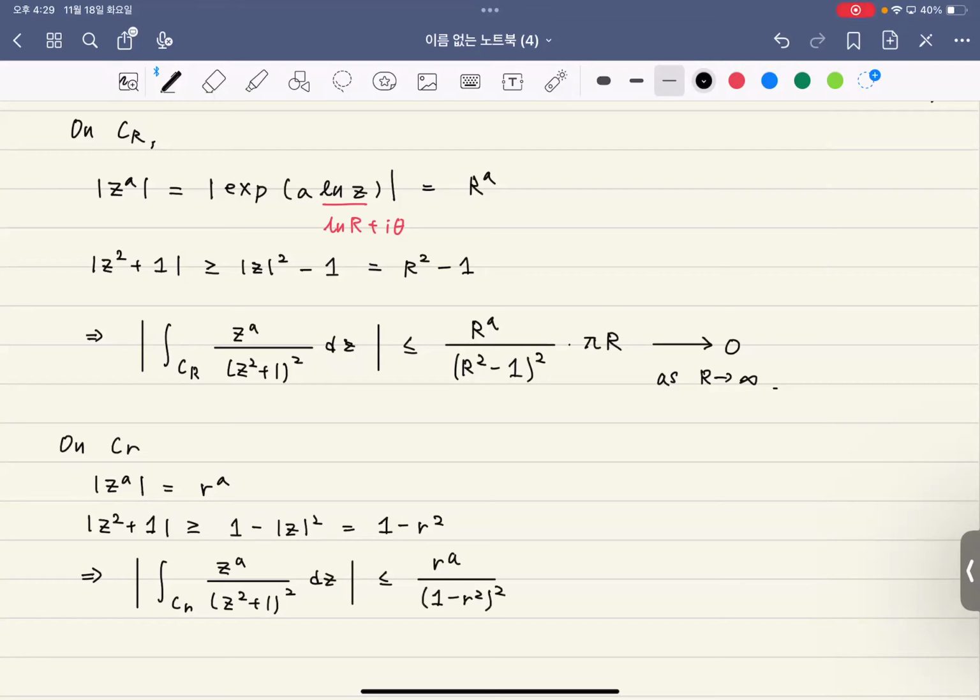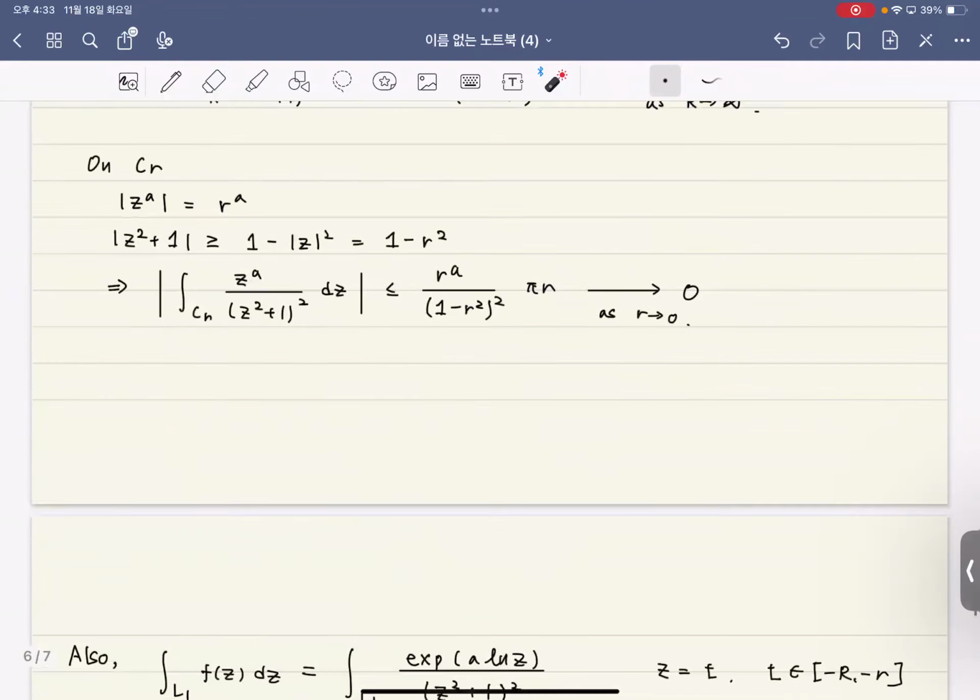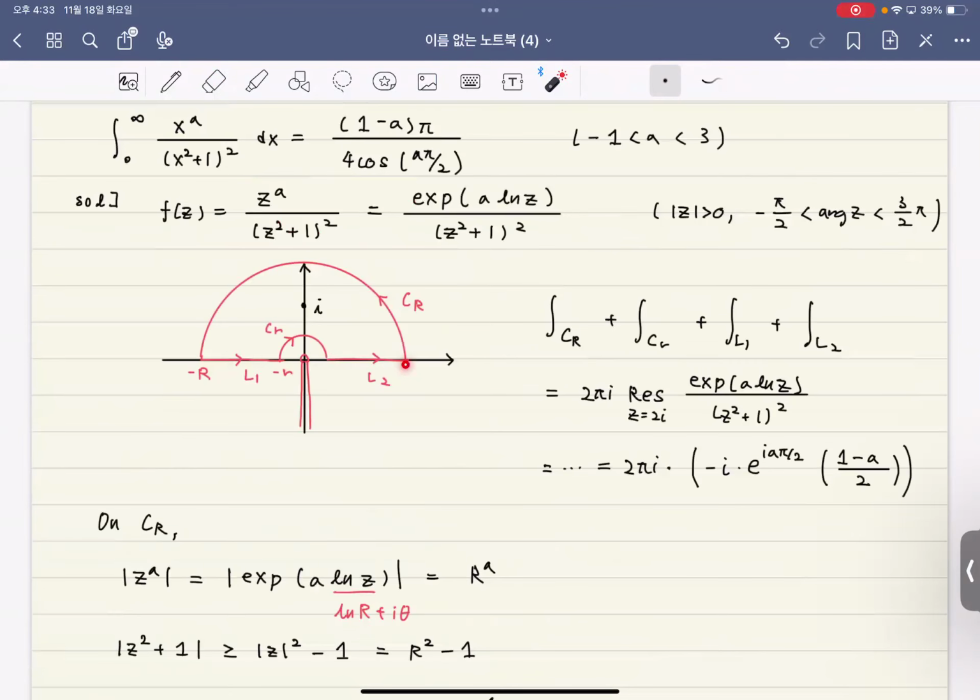So this is e to the i a pi, now with t between r and R, so I don't need the absolute value signs anymore.